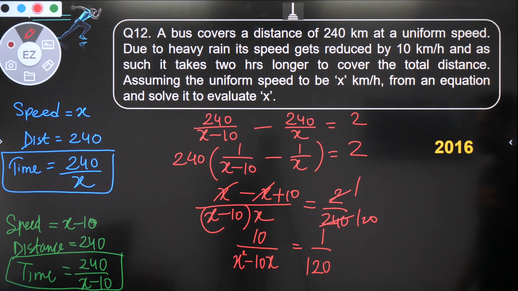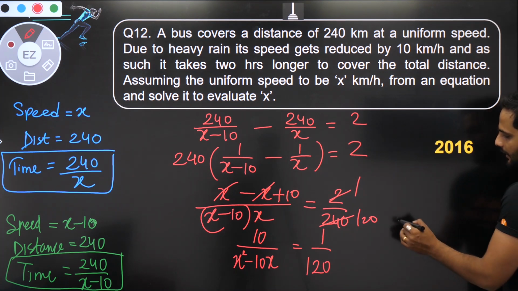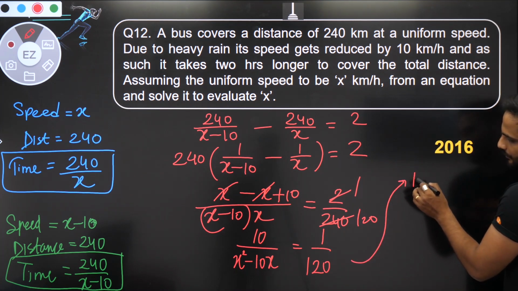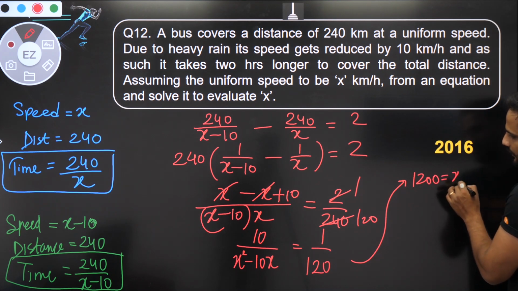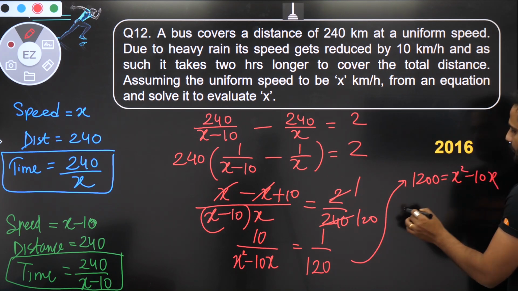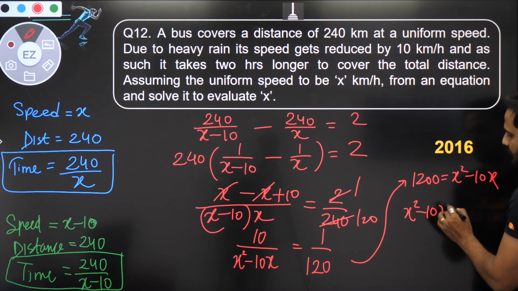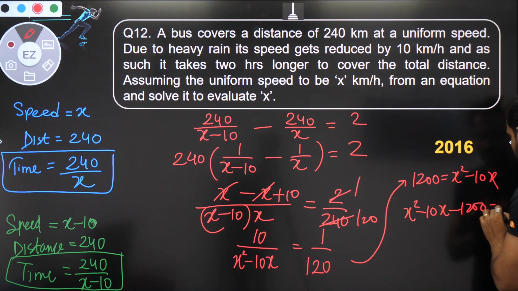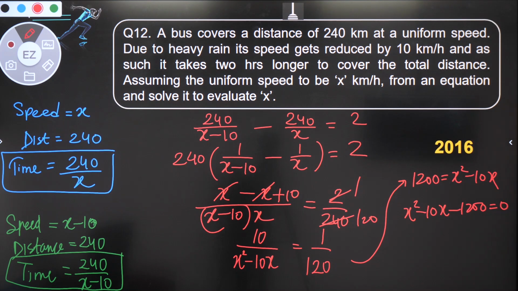Correct? Cross multiply, you will be getting your equation as x square minus 10x is equal to 1200. So we'll be getting x square minus 10x minus 1200 is equal to 0. Okay, so now the factorization will be 30 into 40.